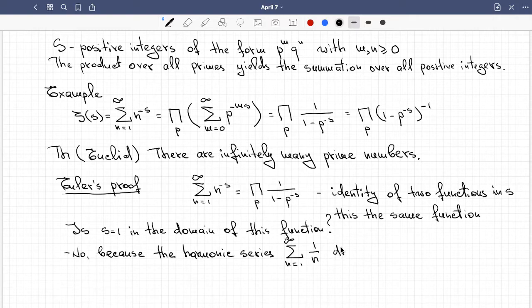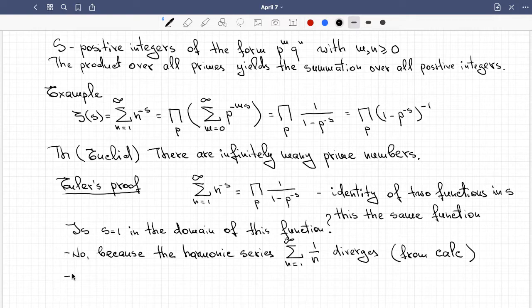It diverges. We know this fact from calculus. The harmonic series, 1 plus a half plus a third plus a fourth and so forth, diverges. So s equals 1 is not in the domain.